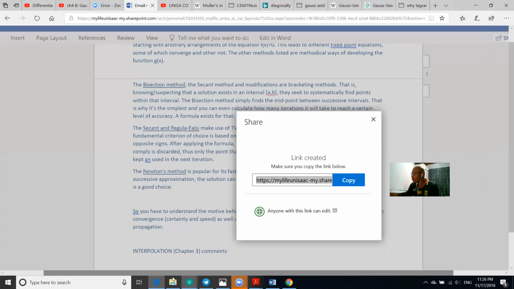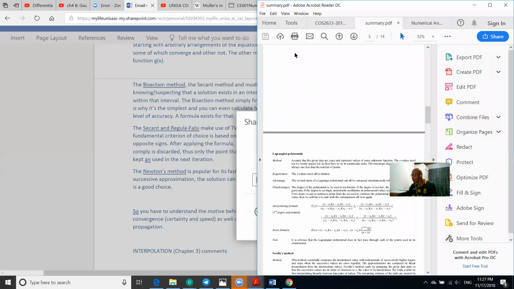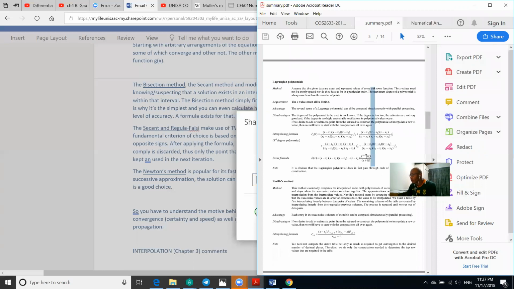What's the error? x minus x1, x minus x2, x minus x3, the f, I don't know what this says. F epsilon over n plus 1. You know what I'm talking about? Thing is, I can't see what. Yeah. What does this say? Oh yeah, the error. Okay, yes. What does that E stand for?